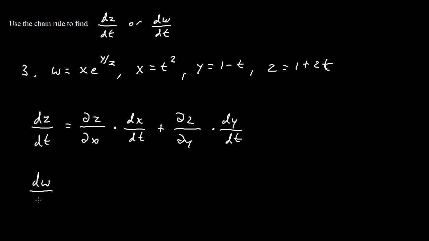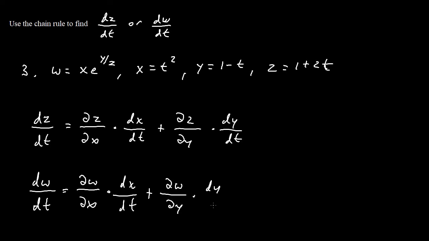So the derivative of w with respect to t is going to be equal to, now we're going to replace all z's with w's, the partial derivative of w with respect to x times dx/dt, plus the partial derivative of w with respect to y times dy/dt. And now since we have an extra z variable here, we can simply add plus the partial derivative of w with respect to z times dz/dt. And that's going to be the formula for this specific problem.